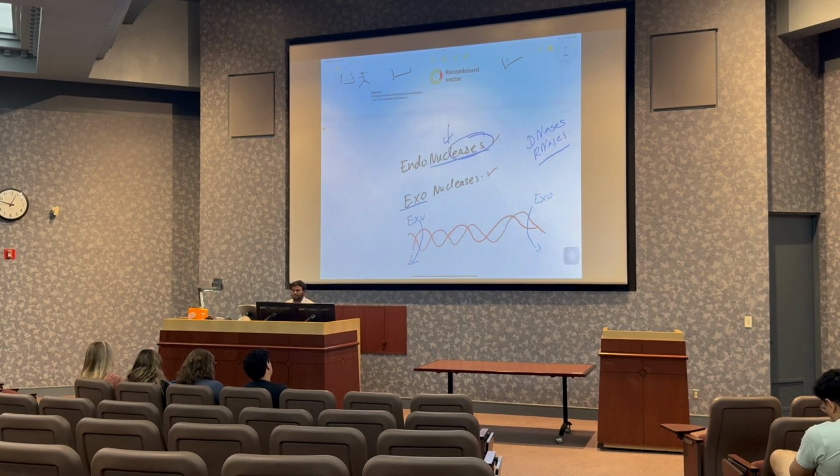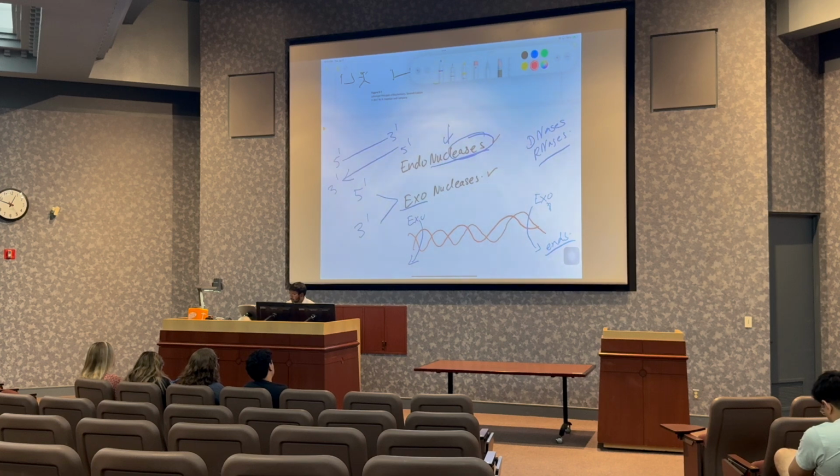Exonucleases means they cut DNA sequence at the ends, okay. Exonucleases could be 5 prime or 3 prime, do you understand what I mean? If I say this is a double helical DNA structure, and they would have a 5 prime and 3 prime end, or maybe 5 prime to 3 prime anti-parallel.